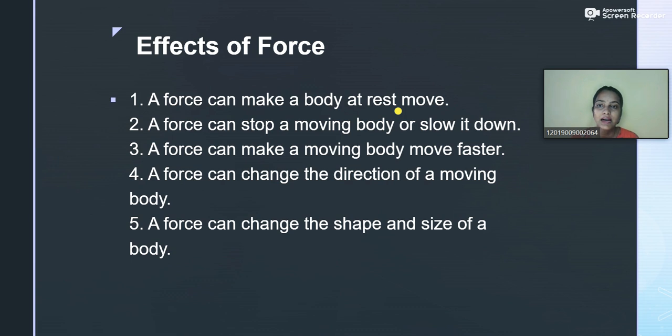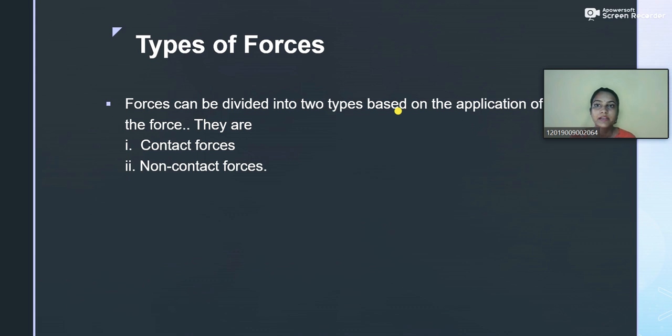Then the last effect we have is that a force can change the shape and size of a body. So by applying a force, we can change the shape as well as the size of a body. So these are the 5 major effects of force. Next we have the types of forces.